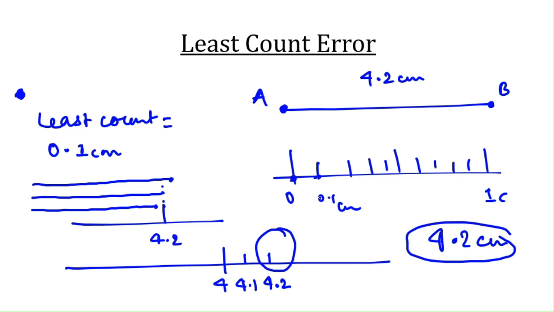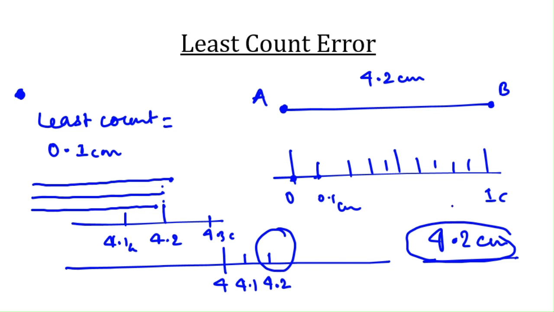That's how the least count error comes into the picture. You look, it is closer to 4.2, so you can't report it as 4.1 centimeter or 4.3 centimeter. Look, for all these three line segments, you have to report the length as 4.2 centimeters, whether it is lying here or exactly coinciding at 4.2 centimeter or here.